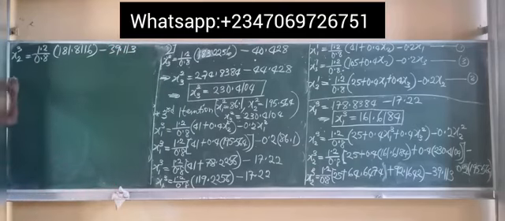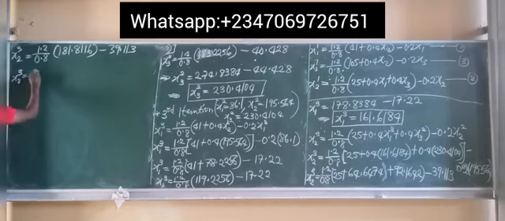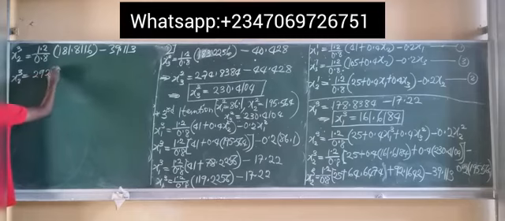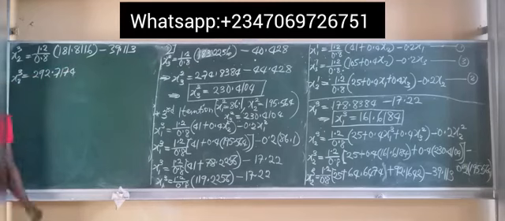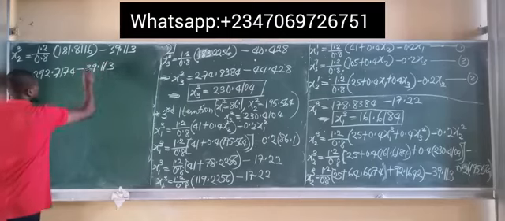All right, so x2 of 3 is now equal to, we evaluate 181.8116 multiplied by 1.2 divided by 0.8. That gives us 292.7174, minus 39.113.